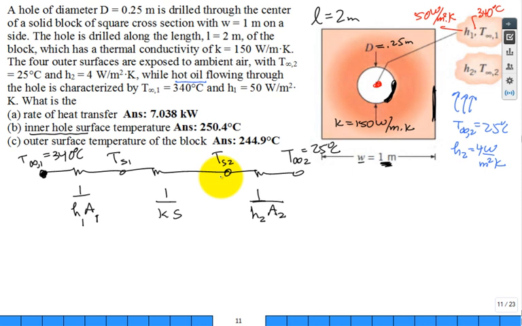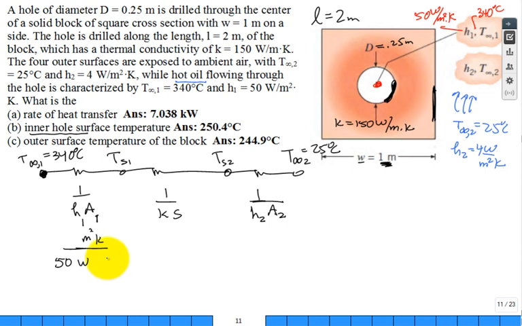Okay, that makes sense? So what we'll do is put in our h values. So we have 1 over our h1, which was 50, and you would put your units in there of watts per meter squared Kelvin. And then what do we have for the area 1?